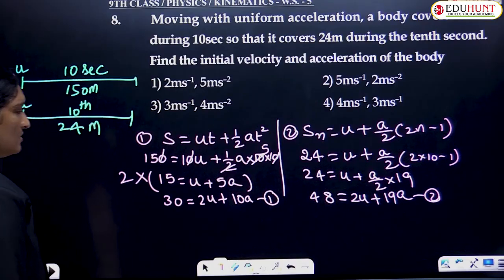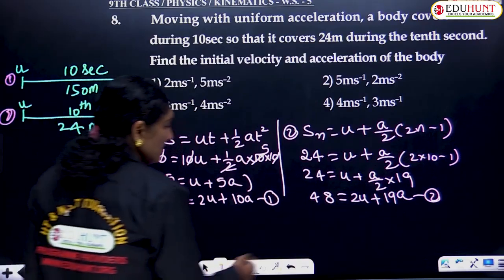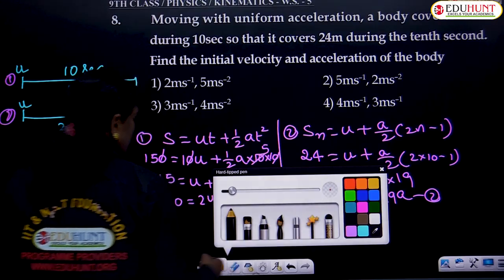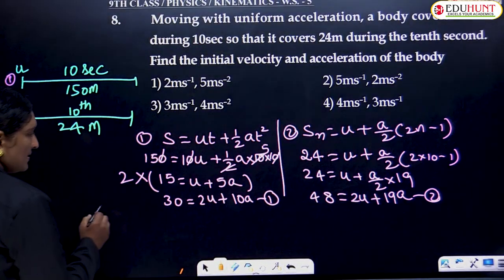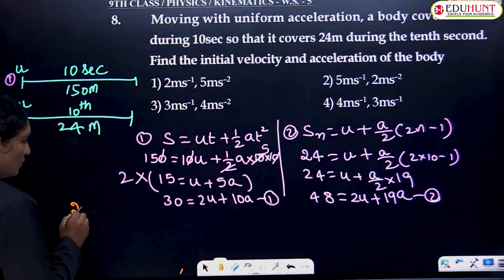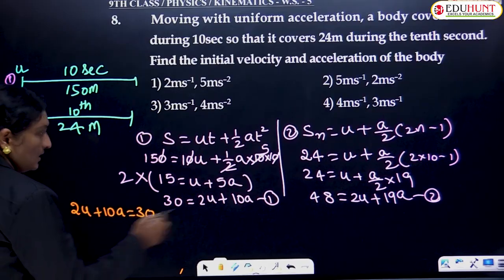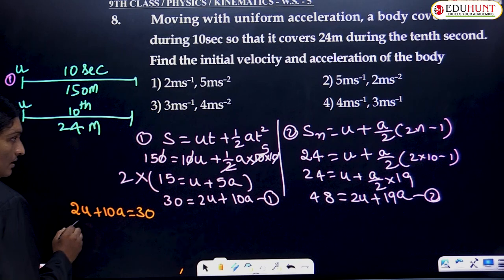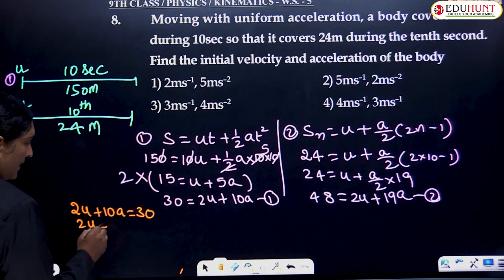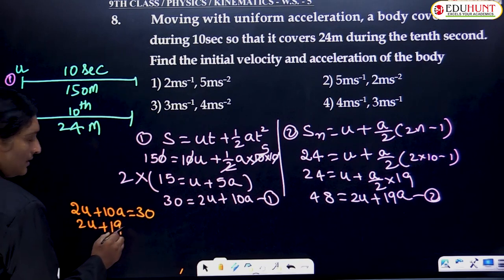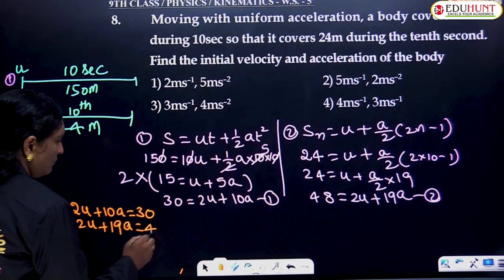So solving the two equations, what do we get, children? Let me write the first equation as 2u plus 10a equals 30. Second equation, 2u plus 19a equals 48.